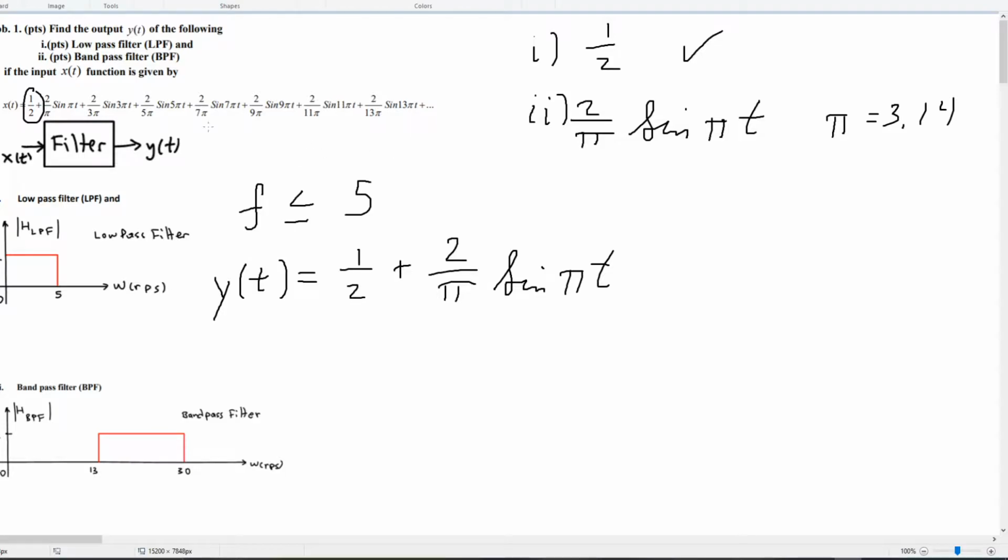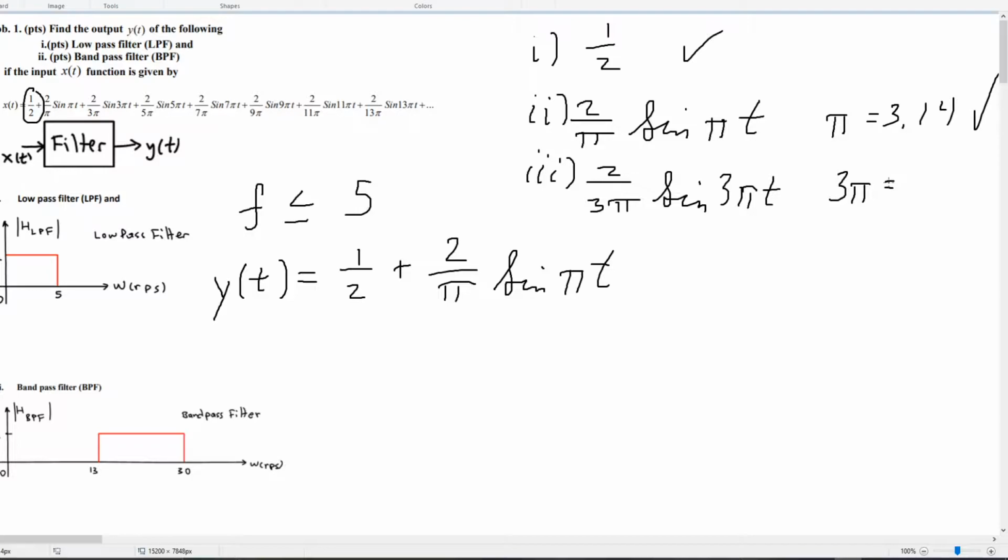And then we have the next one. Let me write that down over here. This is going to be 2 over 3 pi, sine 3 pi t. The number we're focusing on over here is 3 pi.